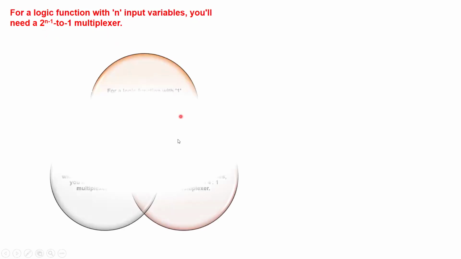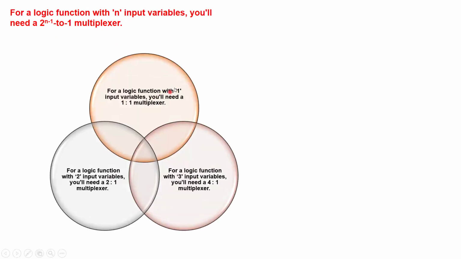It means for a logic function with n equal to 1 input variable, according to this equation, you will need 1:1 multiplexer, theoretically. For a logic function with n equal to 2 input variables, you will need 2:1 multiplexer. And for a logic function with 3 input variables, you will need 4:1 multiplexer.